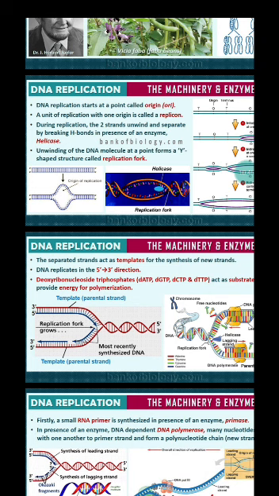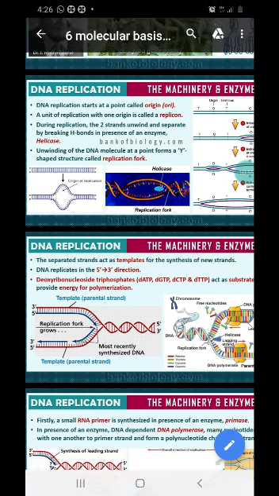You understand what is 3 dash 5 dash? We call it the polarity of the strand. So the strand with 3 dash 5 dash, on that side only the synthesis begins first. Clear? So there are many enzymes which are needed for this purpose.